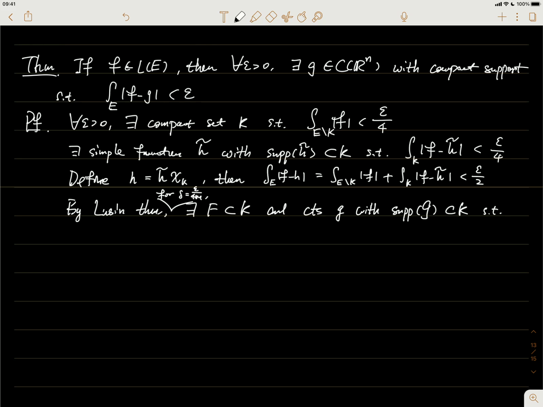set f. Actually, it's a closed set f, but we don't really need the closedness here. So there exists f that is a subset of k, and the difference of k and f, we know that it's going to be less than delta, which is epsilon over 4m.